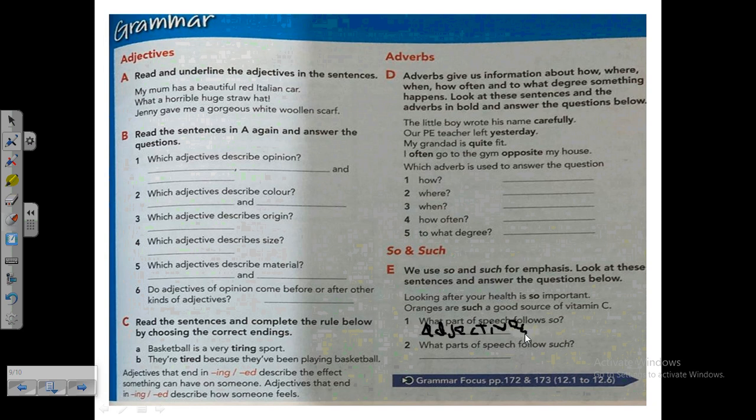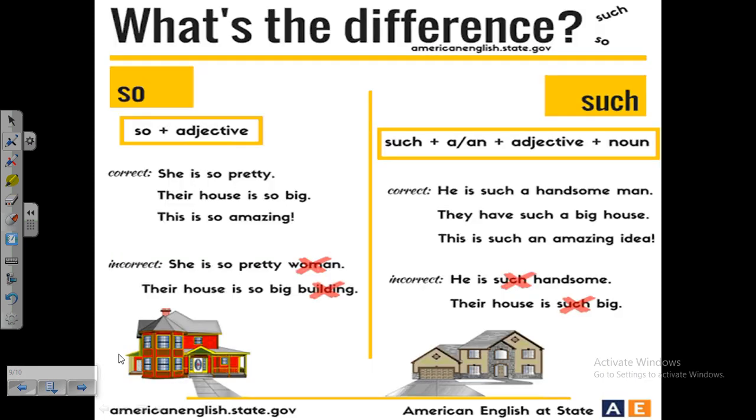Sorry for this bad handwriting. What part of speech follows such? So here you can write from here. Such is followed by a or an plus adjective plus noun, and so is followed by an adjective immediately. You can write it from here.